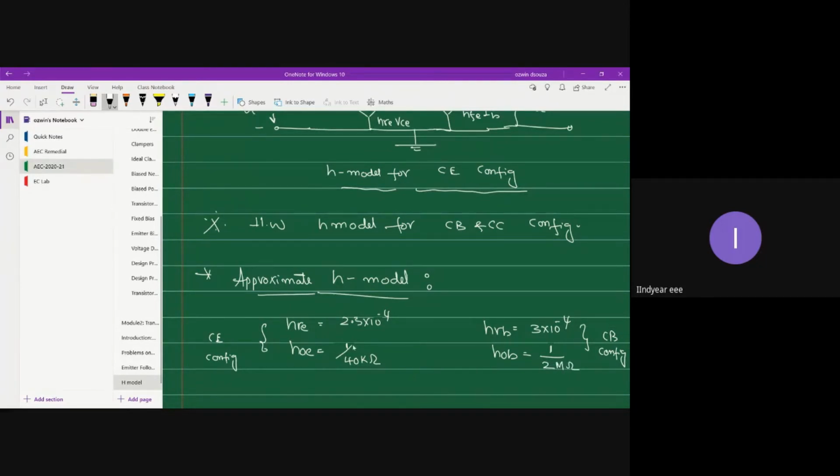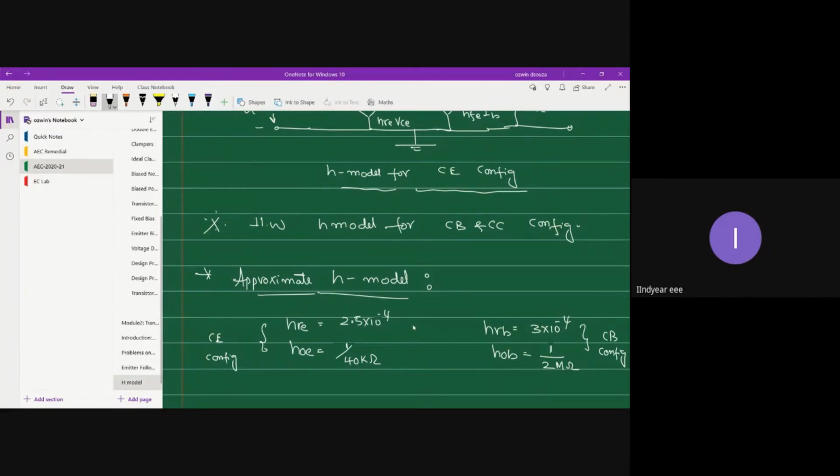If you observe these values carefully, you will come to know that these values are negligibly small, right? It is 2.5 into 10 to the power minus 4, so that's something like 0.000025.